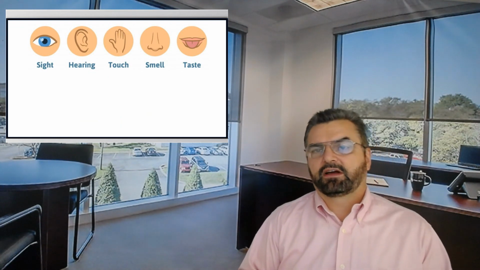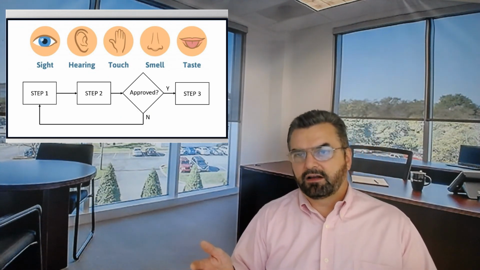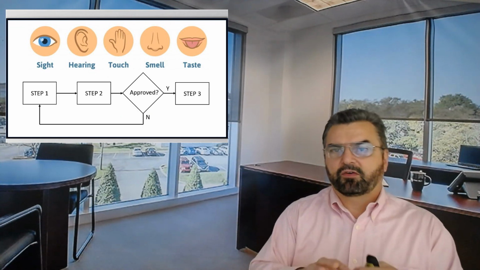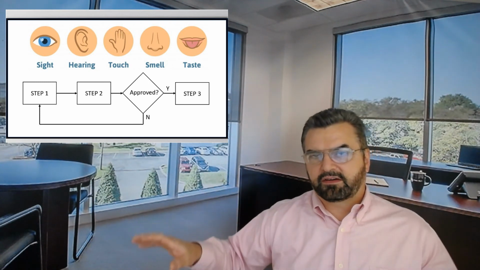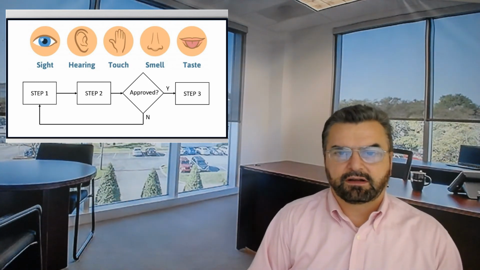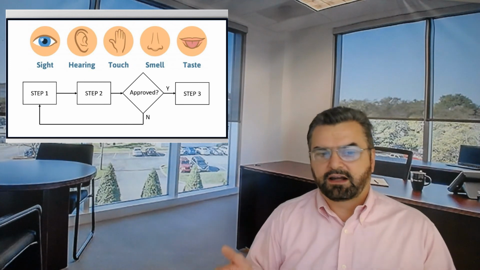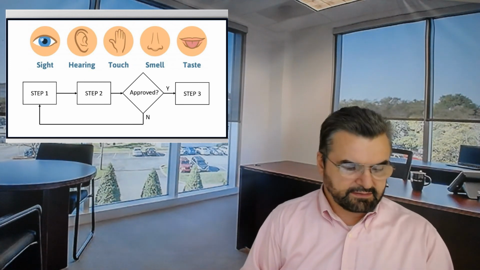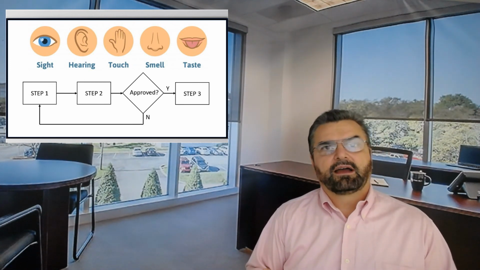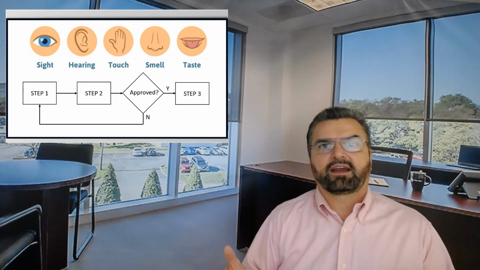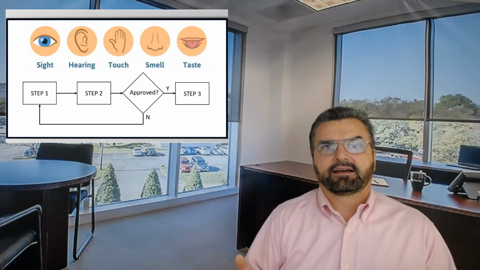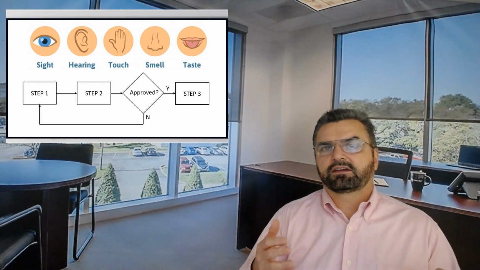If you think of a process flow, it will cover sight as you're explaining a process of how to do something. It would not cover hearing, touch, smell, or taste. So how might we maximize the strength of sight, hearing, and touch?